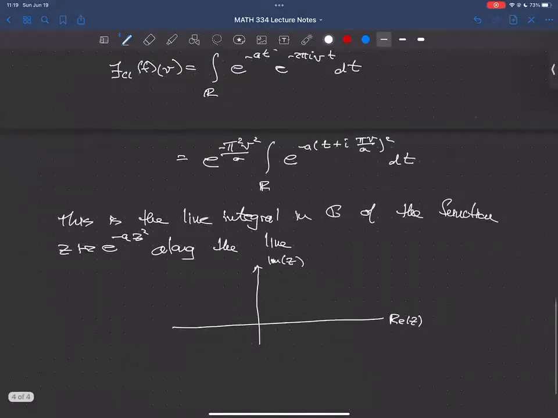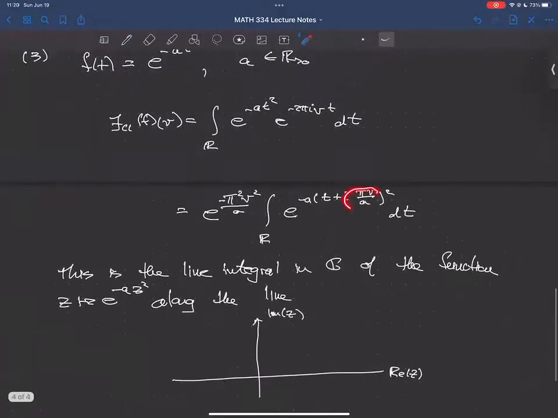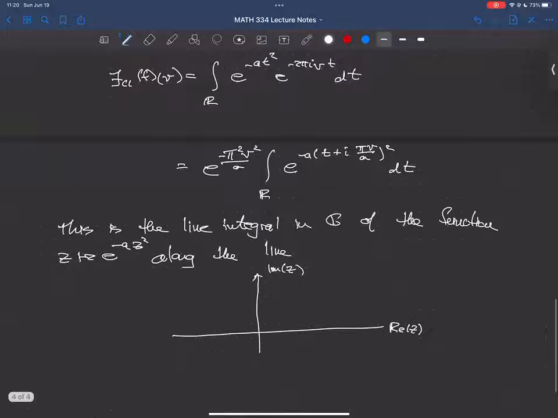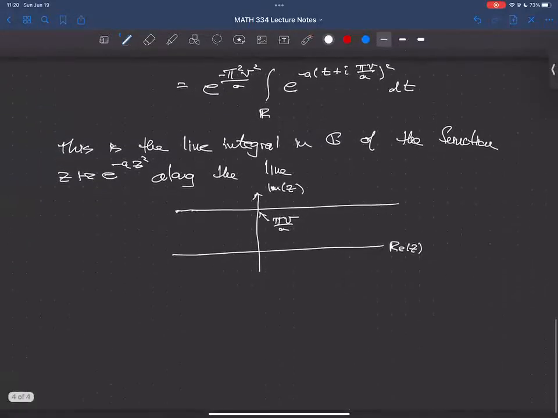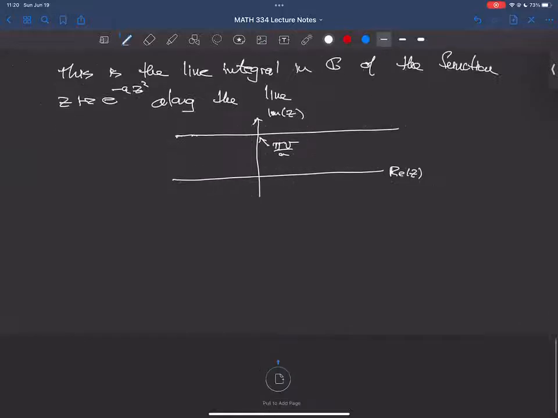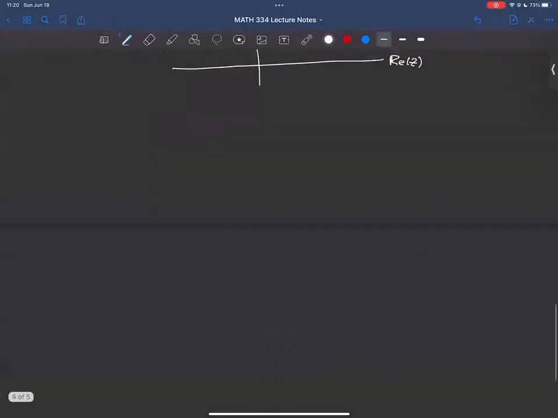Okay, and then when nu is positive, this thing will be positive, and so the line is going to be in the upper half plane. Right? So the line is going to be this line here, and then this value here is pi nu over a. Okay, and then for nu negative, of course, it's going to be in the lower half plane. Okay, good. So that's the integral that we're going to evaluate.